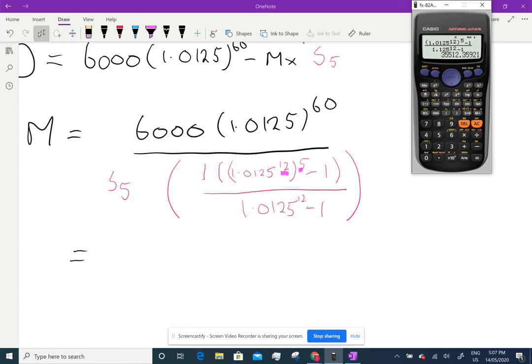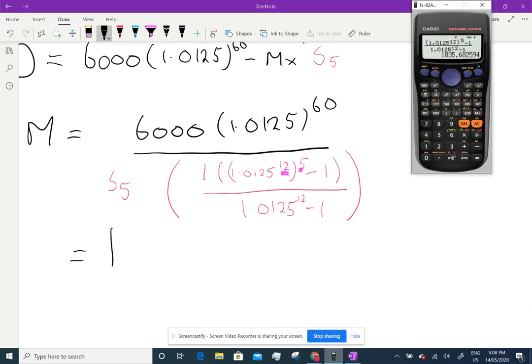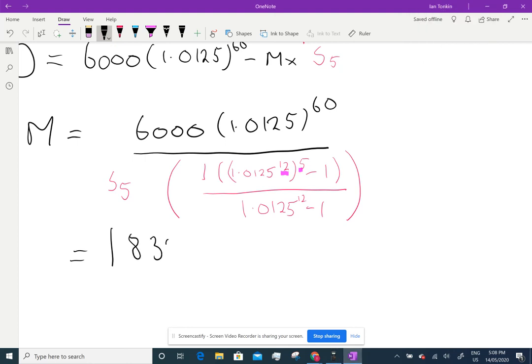No, it's not the right answer. Have I made another mistake? Oh, there isn't a 0 in that bottom one. Gee, you've got to be careful. Yes, and finally we get it. So our answer is 1835.68, which is correct.